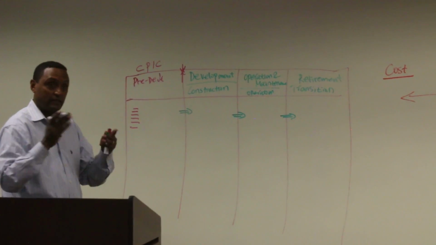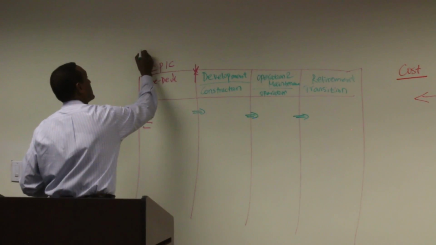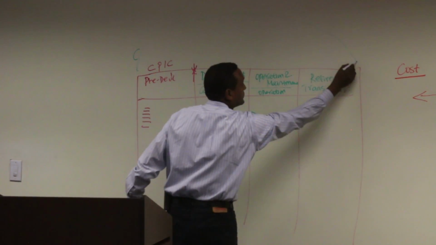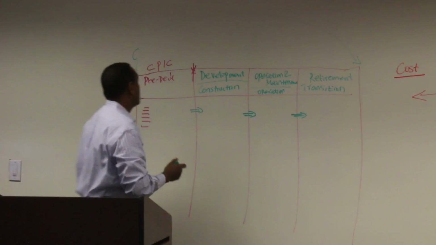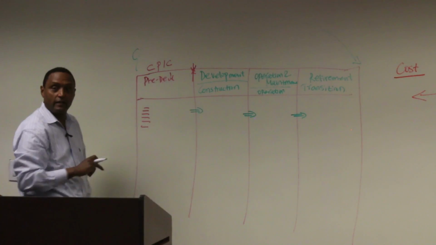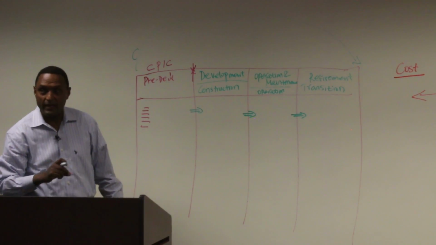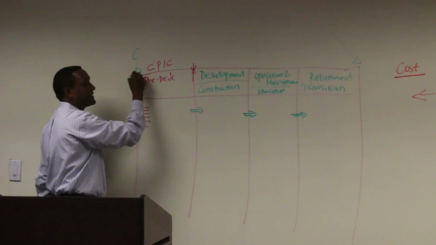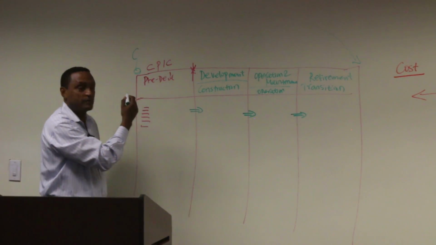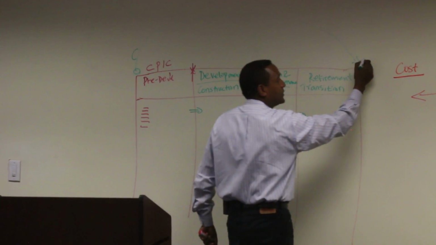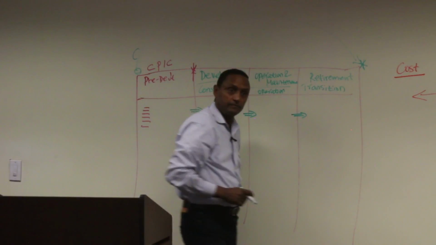So here, in reality, from here all the way to the end, we call it from cradle to grave. From the place where the first initiative comes to the time where you literally kill it.